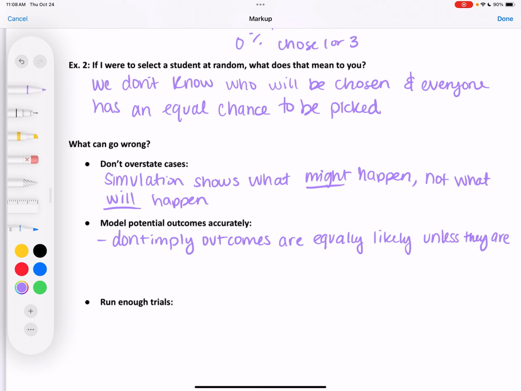So don't say everyone has an equal amount unless we know that that's essentially true. And then don't lump together outcomes; model all potential outcomes.